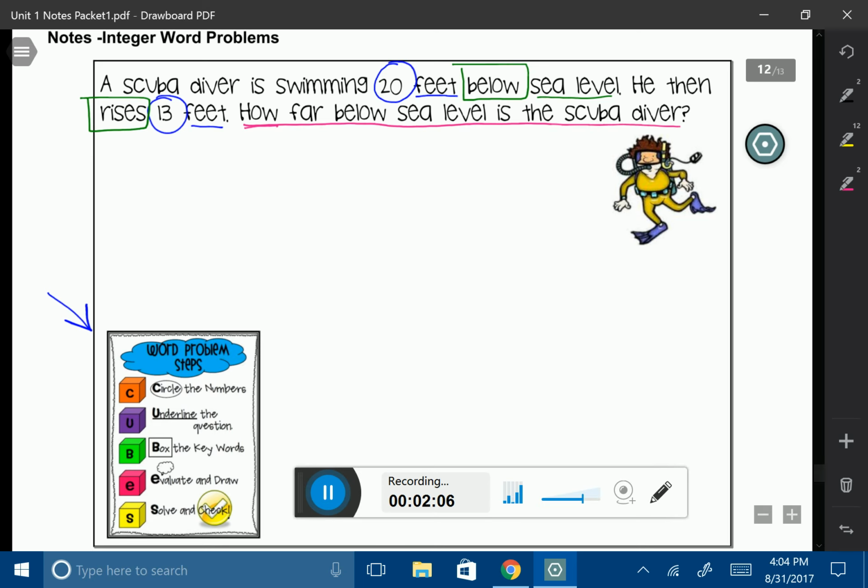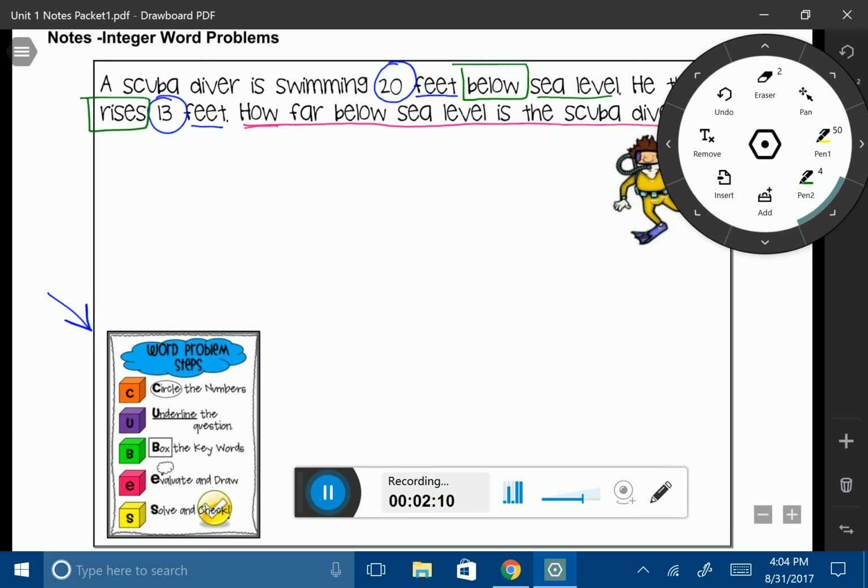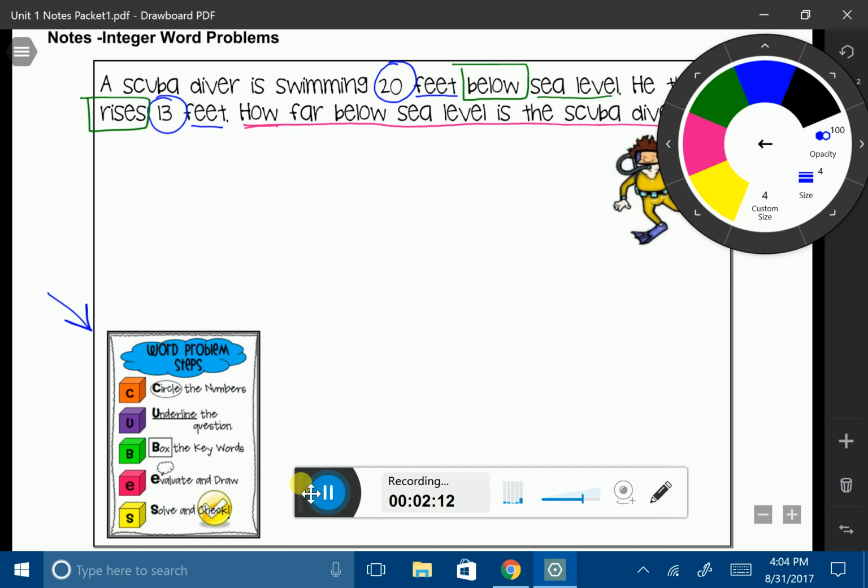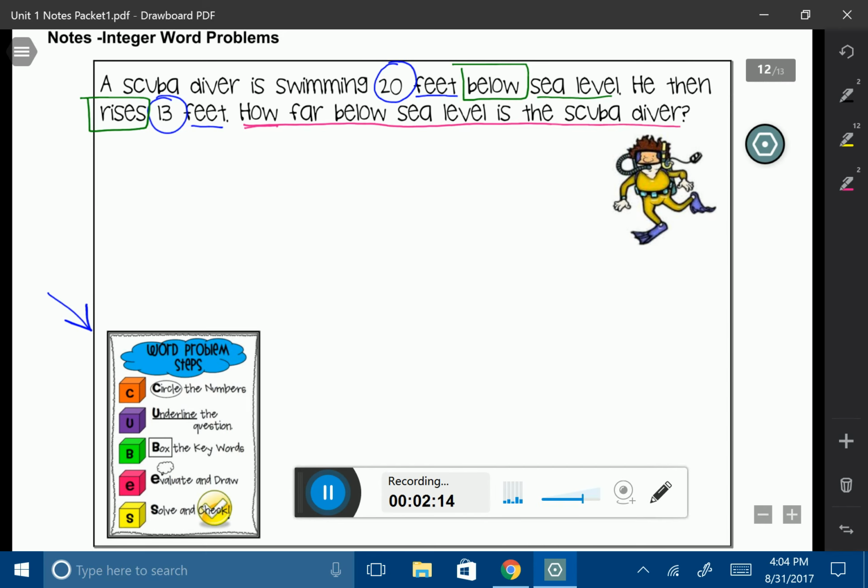Now let's look at E, which is evaluate and draw. I love this part because you get to draw yourself a picture. So I see that I have some water, and I also have my little scuba diver. I'm not really a good scuba diver, so we're going to do a little stick figure scuba diver.